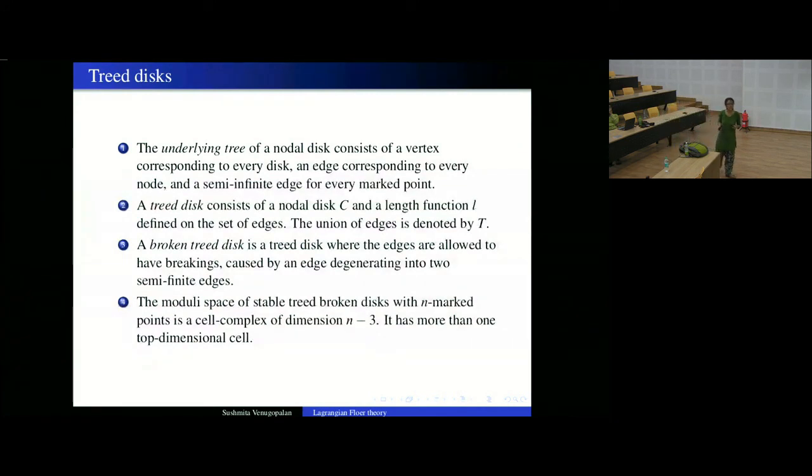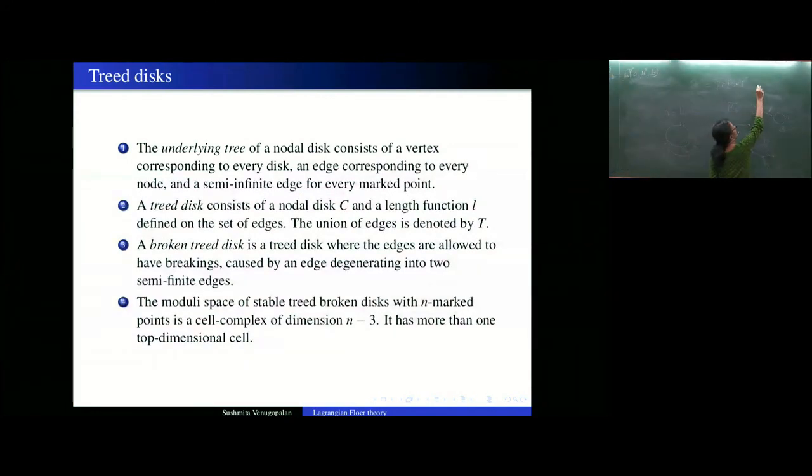And broken tree disks are a generalization of tree disks in which the L, as it goes to infinity, is allowed to break. So you put in 2 semi-infinite edges whose infinite ends are identified to the same point.